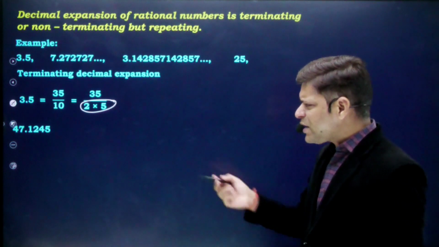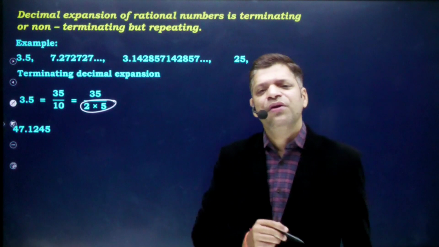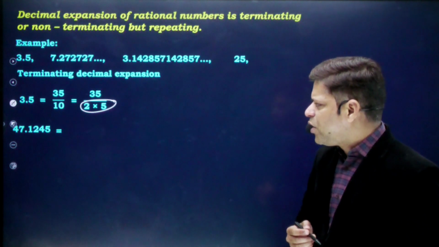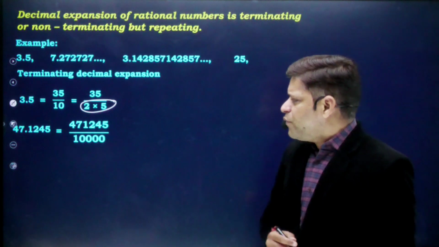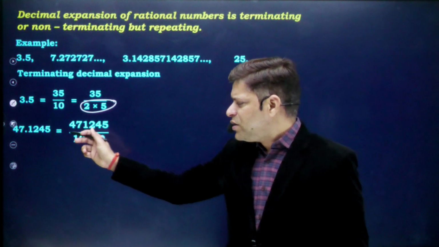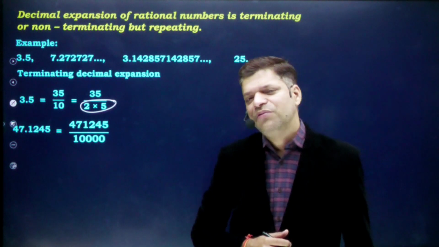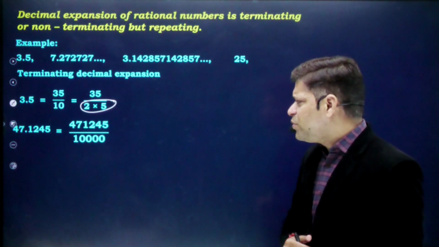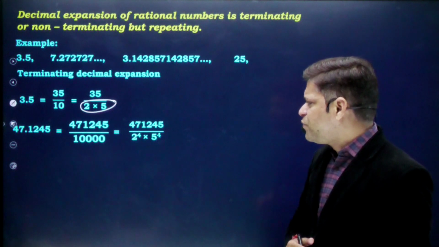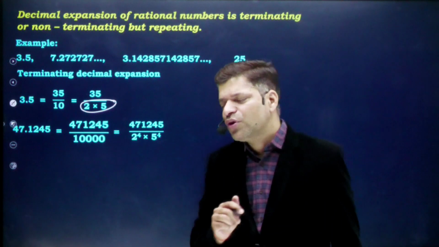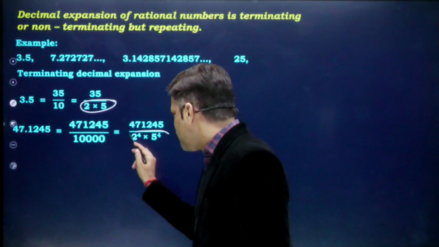Next one, 47.1245. It can be written as 471245, when we remove the decimal, divided by 10,000, and 10,000 can be written as 2 raised to the power 4 into 5 raised to the power 4.